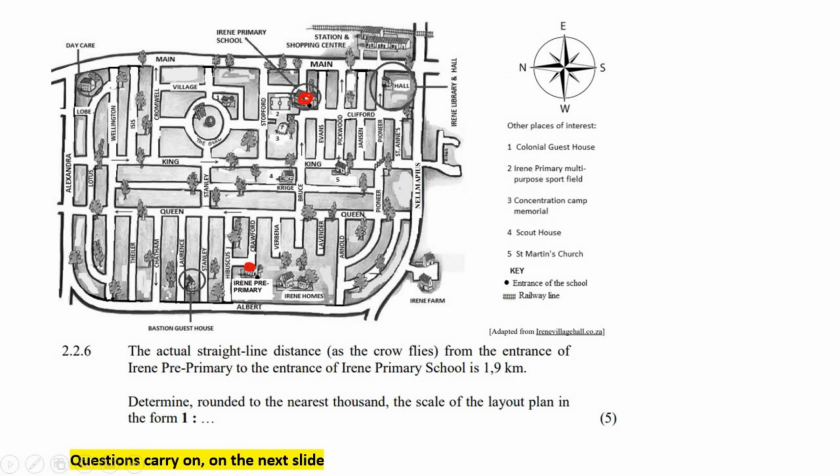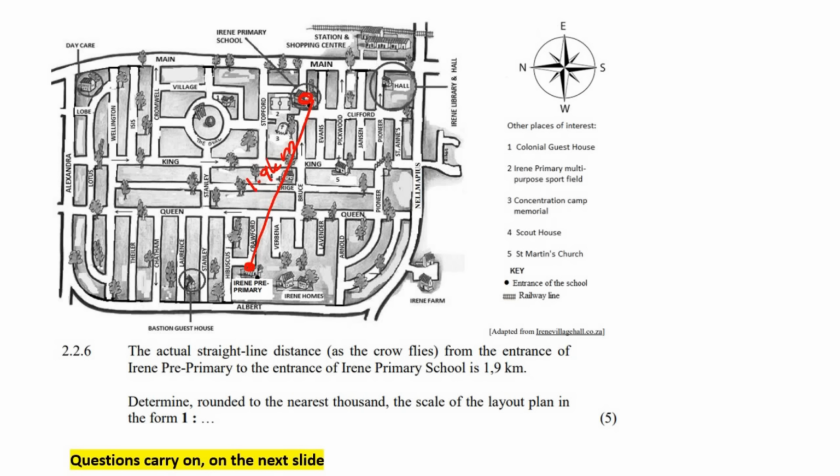So remember, if you have a car, obviously you're going to drive like this, like this, like that, for example. Or you could go this way, but I see there's arrows here, so it's a one-way road. But if you're a bird, then you would just go straight like that. Boom. That's called as the crow flies. So they said that the actual straight line distance as the crow flies is going to be 1.9 kilometers.